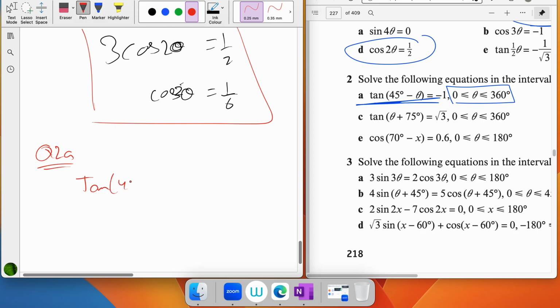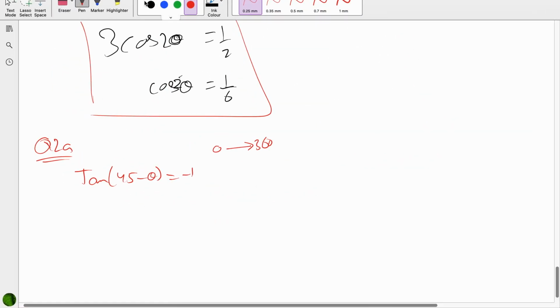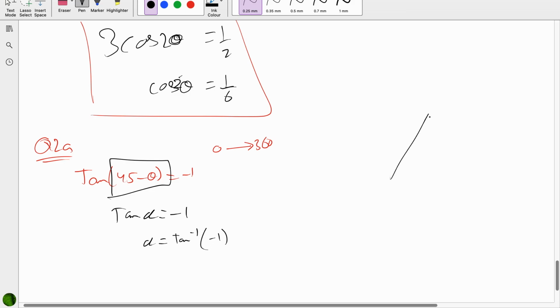So we solve for the basic angle. This is tan alpha is equal to minus 1. Alpha is equal to tan inverse of minus 1. And again we did this triangle. This was 1, square root 2, 45. So tan of 1 is basically 45.